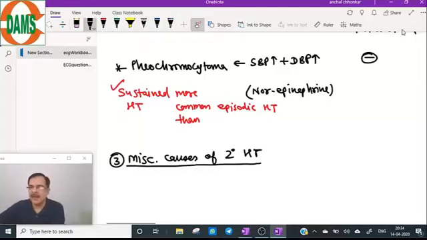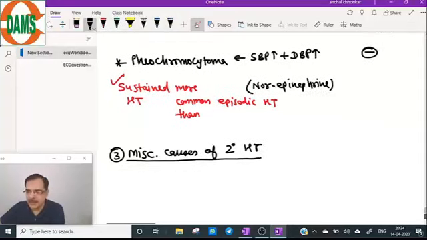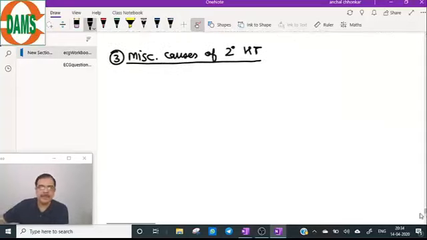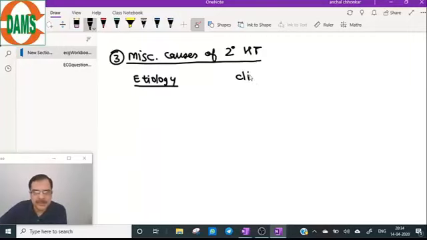In this condition, very importantly, the diagnosis or etiology has to be made, along with clinical features and mechanism of hypertension.